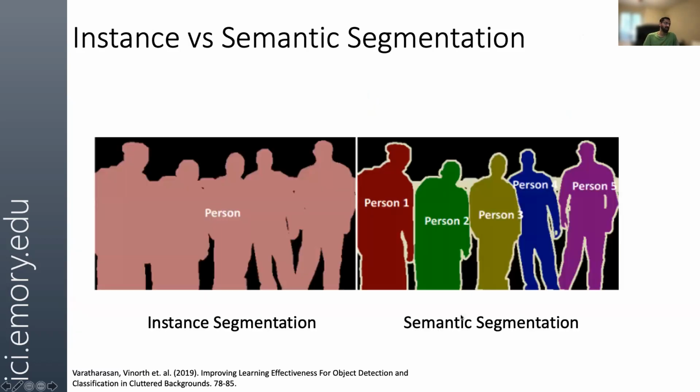So a few definitions that you should be familiar with: something called instance versus semantic segmentation, which people talk about in this field. For example, in semantic segmentation, you can classify everything as one group and say, I can see people in general, but who are these people?